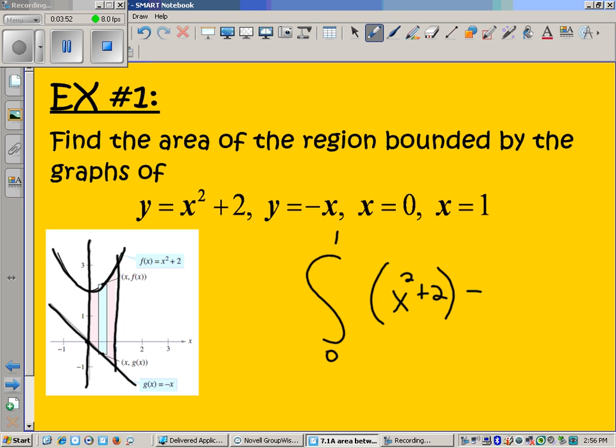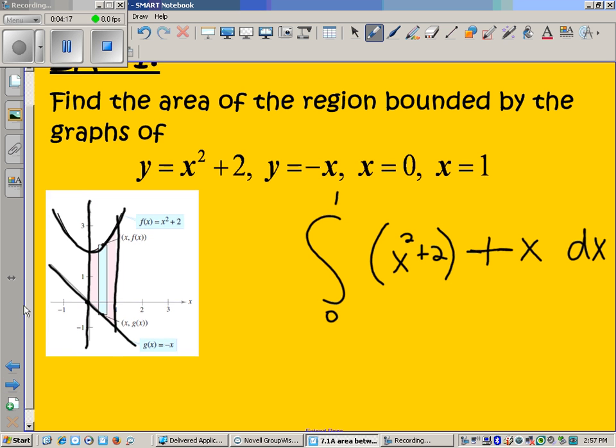Minus, what's my lower function? Negative x. You see those two negatives? I'm subtracting a negative, so eventually what's that going to turn into? Positive, right? So to find the area between those two curves, I'm going to integrate my function x squared plus 2 plus x from 0 to 1.